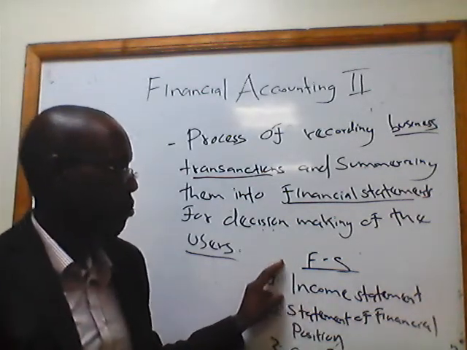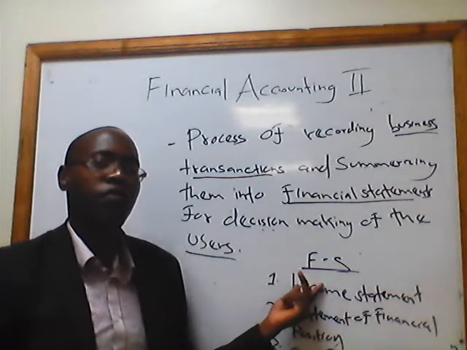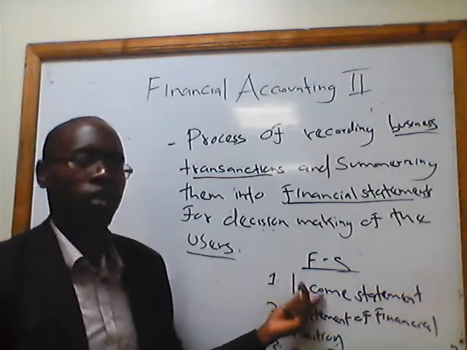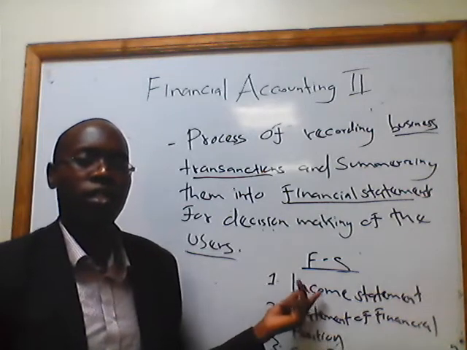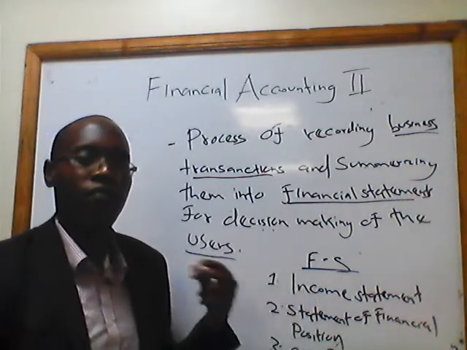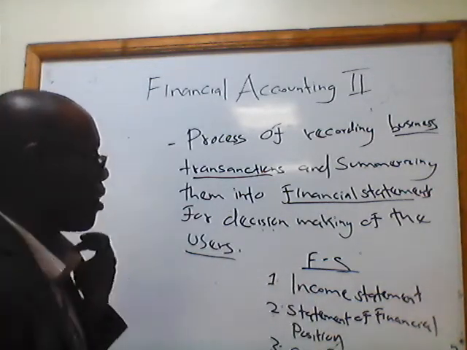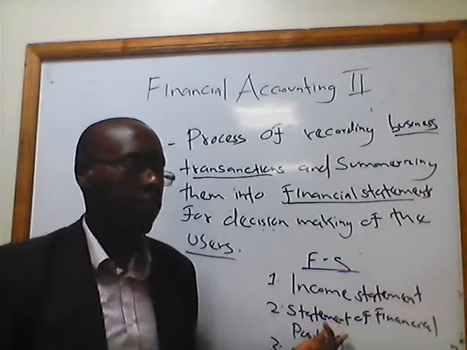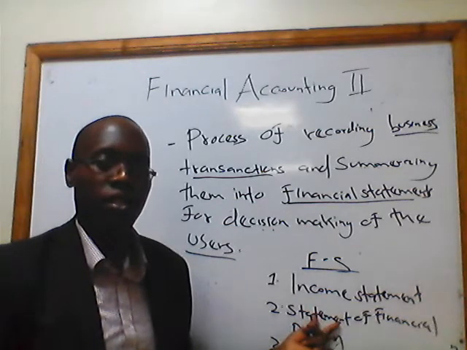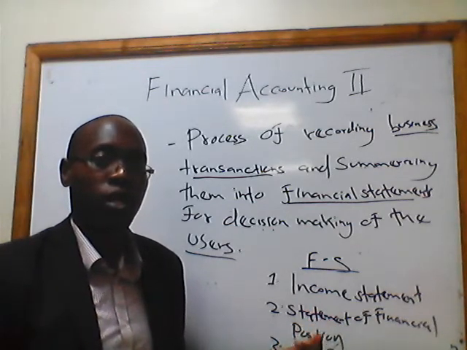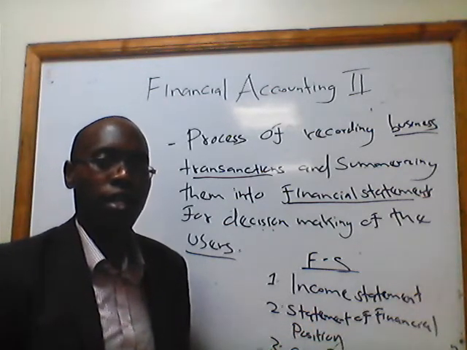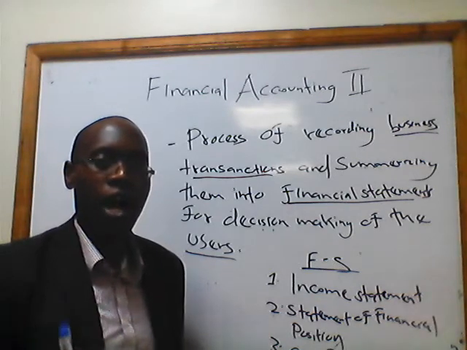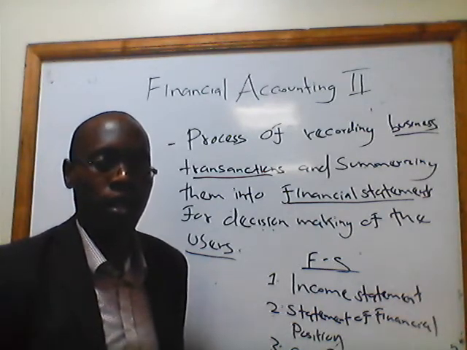The income statement shows us the performance of the business in terms of the profits that it has generated in a particular financial year. And then the statement of financial position, which is the balance sheet, shows us the position of the company in terms of finances. How liquid is the company?